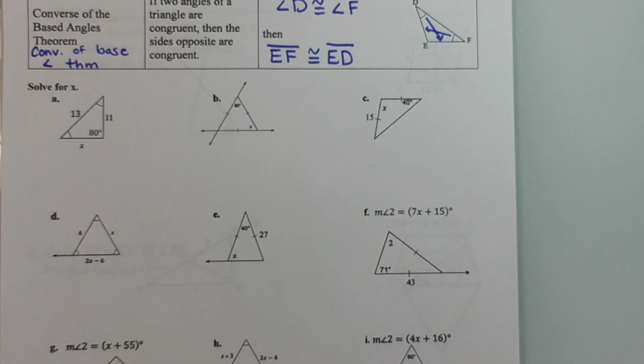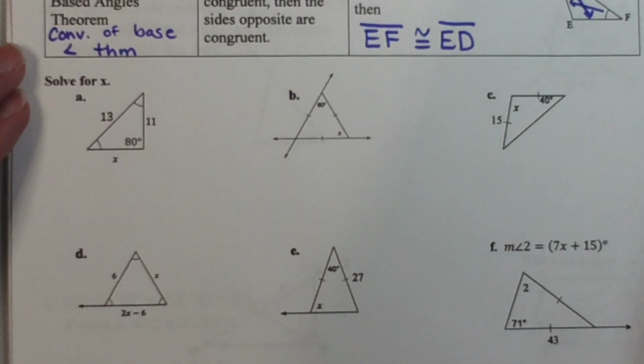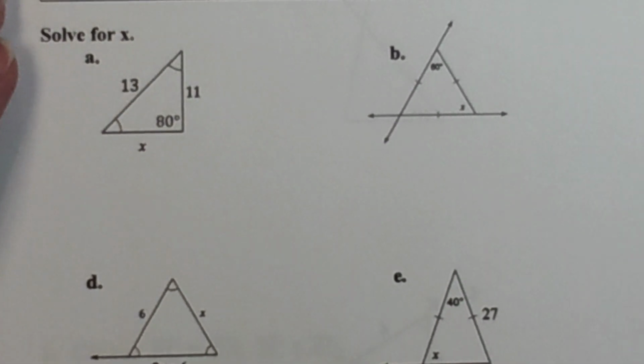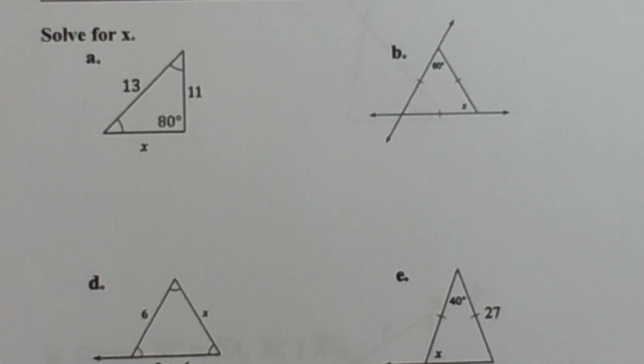So, solve for x is what the problem asks us to do. Starts off really, really basic. The key thing is paying attention to the right things. What do you notice about this triangle? For congruencies, look at those. What does it say are congruent? Got a pair of angles.